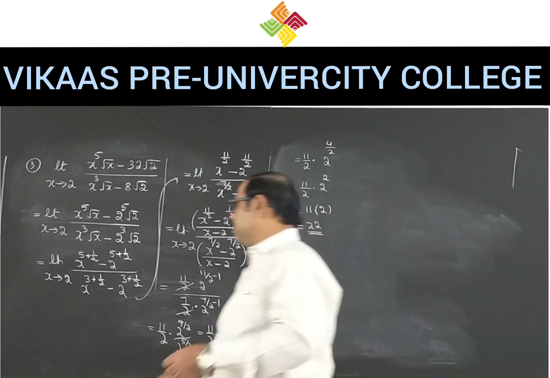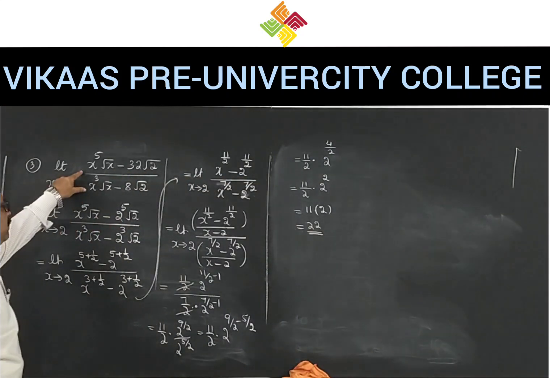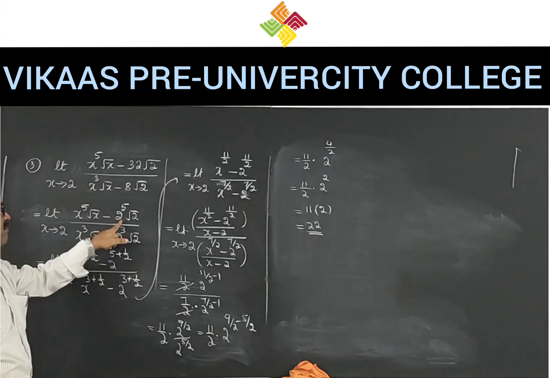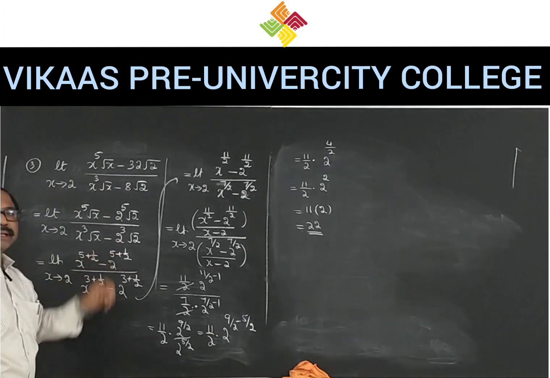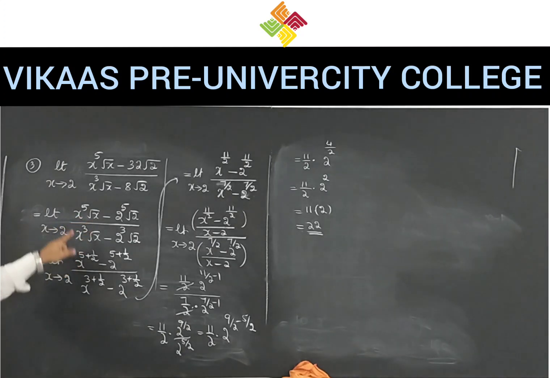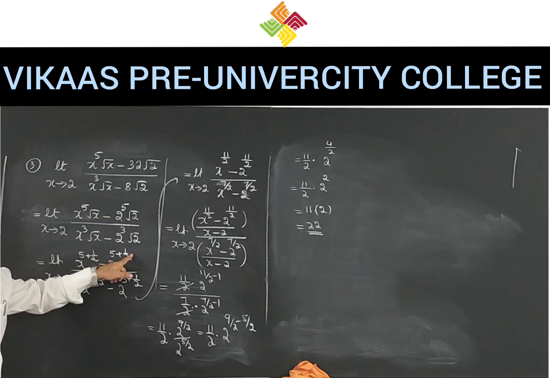So once again I repeat this. This is the given problem. You must write 32 as 2 power 5, 8 as 2 power 3. Then root x means x to the power half. So x power 5 into x power half becomes x power 5 plus half. Similarly, this is 2 power 5 plus half.